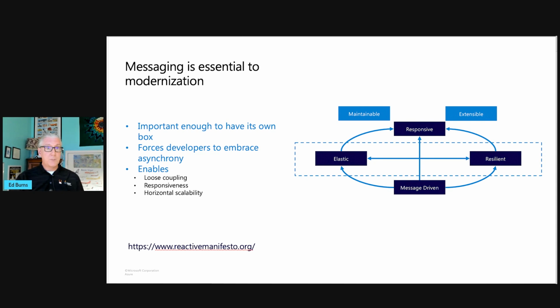So it's important because it forces developers to embrace asynchrony. As the cloud was maturing, the need to have non-blocking I/O and operations that did not wait and allowed for maximum CPU density was increasingly important.